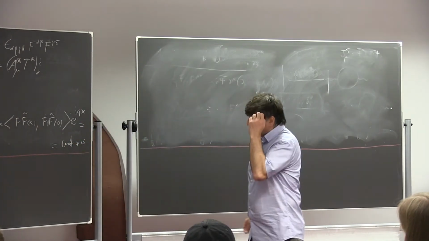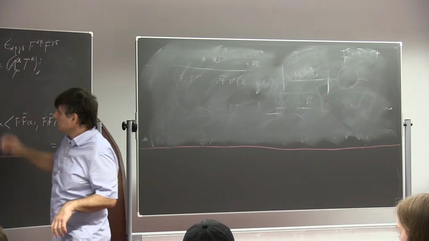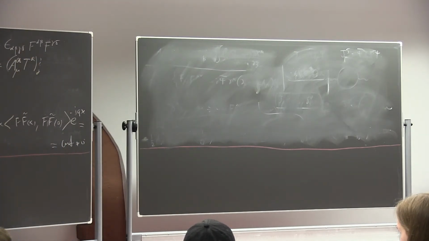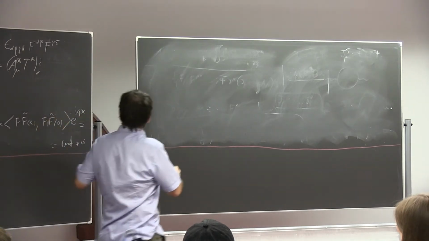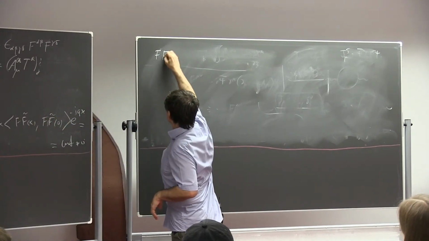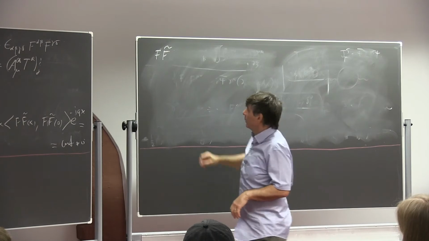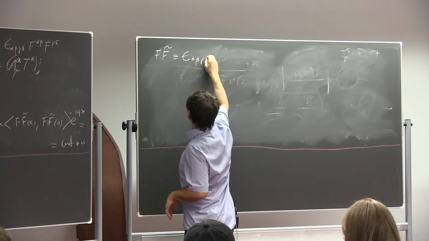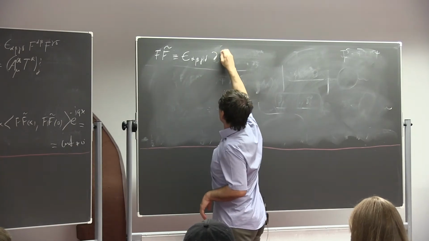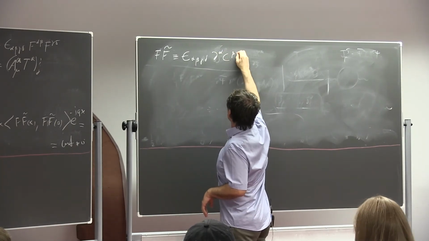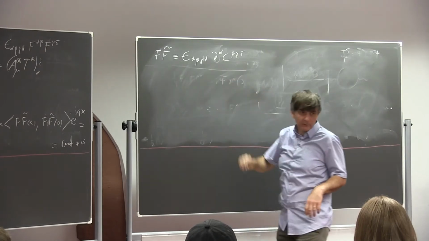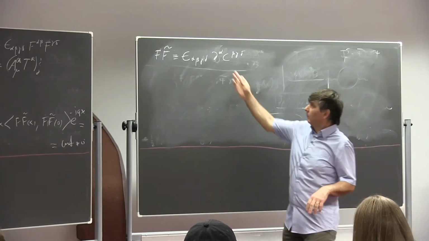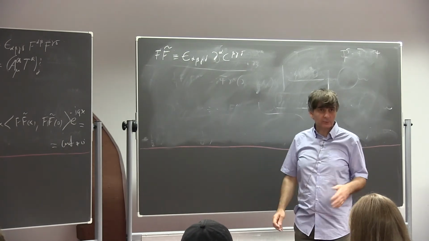Okay, so now, one more thing. This object, you can rewrite as an exterior derivative of a 3-form. Now, this is a famous 3-form. It's called the Chern-Simons 3-form.